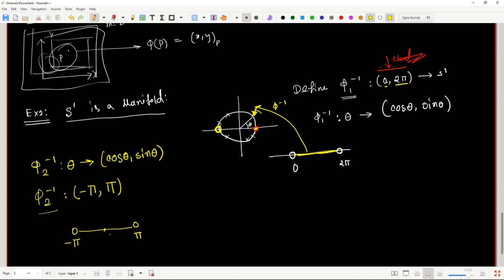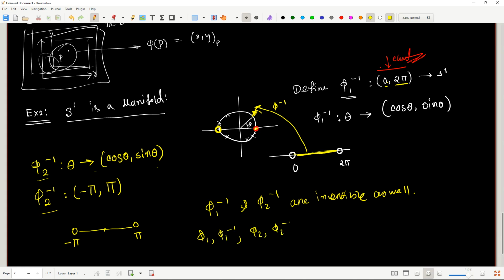So essentially, by taking two charts, if you take their union and these two maps, you are covering all the points on the circle. Also note that phi 1 inverse and phi 2 inverse are invertible as well, and continuous.